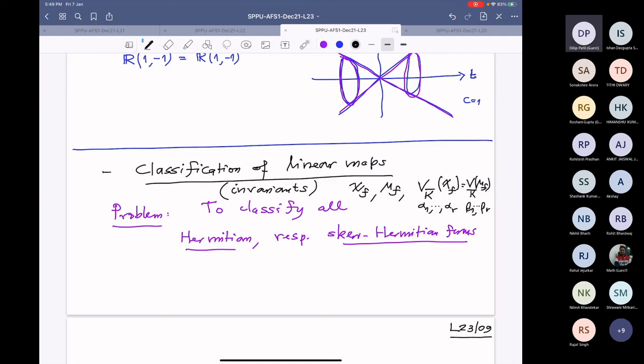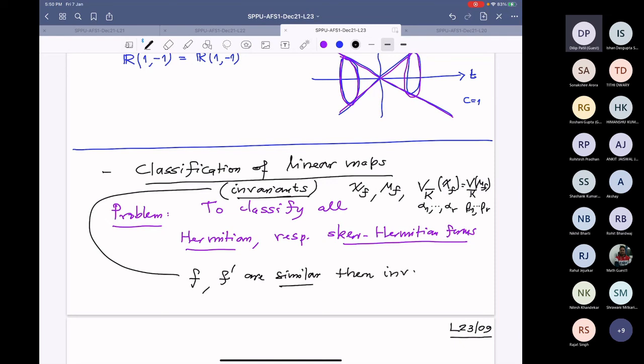That is why they are invariants: because if f and f prime are similar, then all these invariants are the same. That is the definition of invariance. And why similar?